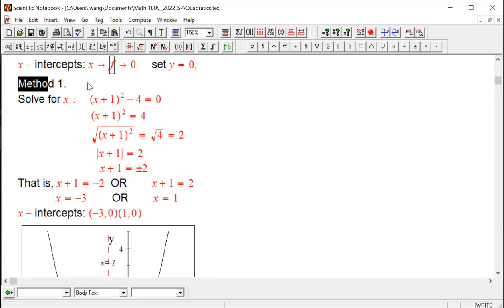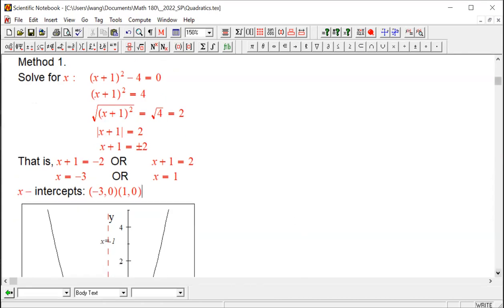We talked about method 1. Method 1 requires you to solve with a complete square. But what if you don't have a complete square? Is this the only way to solve it? And the answer is of course not.